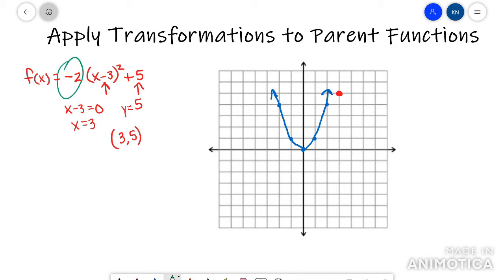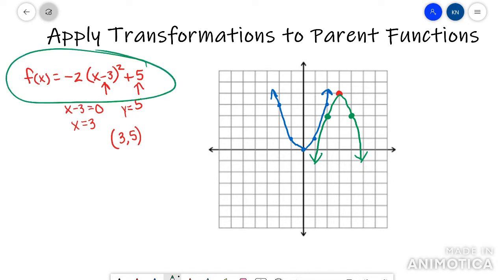But remember, I have a reflection, so it's not going to be up 2, it's actually going to be down 2. So from my vertex here, I'm going to go over 1, down 2, both ways. Then I can connect those dots and make it look like a quadratic and be done. That's what this equation would look like, the green line.